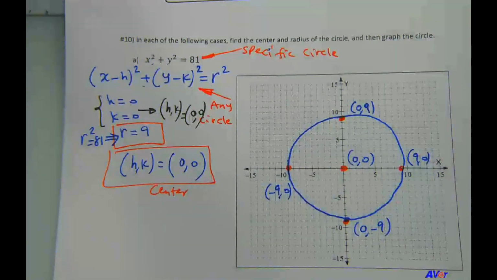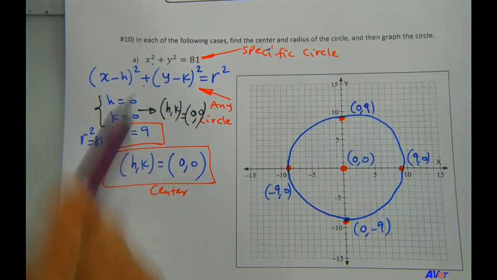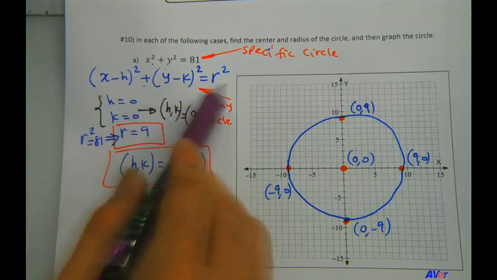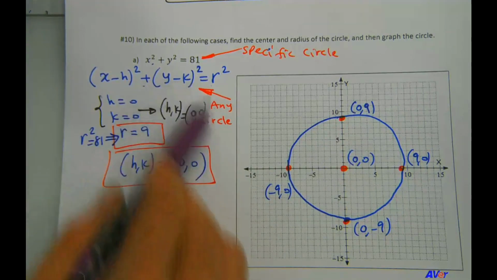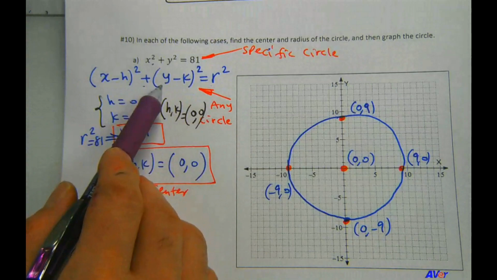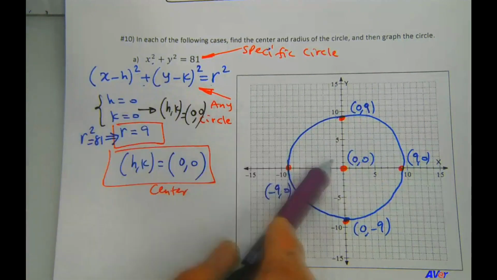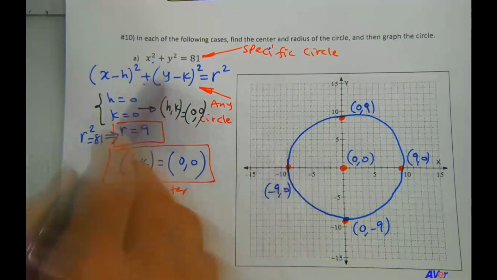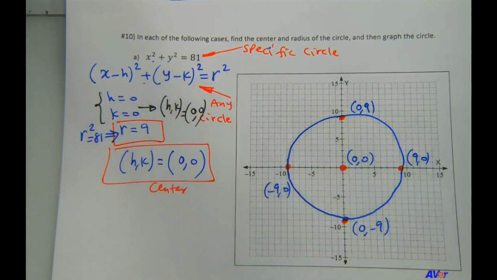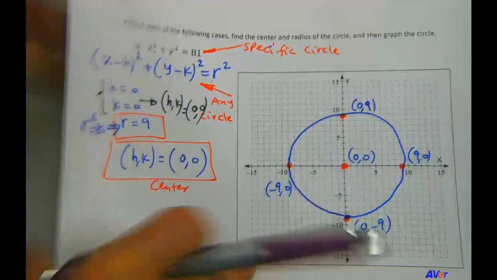Okay? So you can see in the examples we've done, constantly they're asking us to establish a connection between this general case or any circle equation with the graph of it. So that's very important, how they are related. Where is the center, where is the radius, and then draw it. Okay?